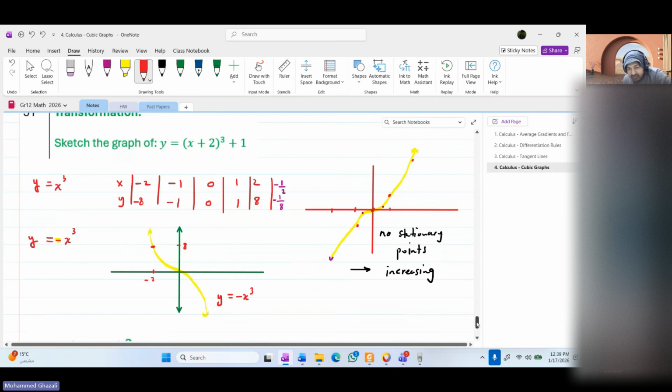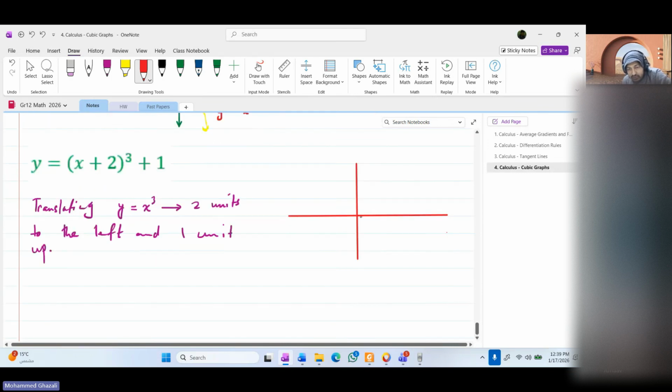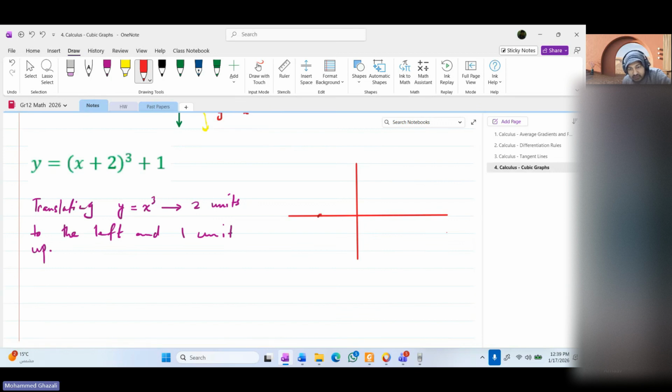So now 0, 0 will move towards -2, 1. Remember, in this case, we're also going to have a y-intercept. Don't forget about the y-intercept. My x-intercept, will I have an x-intercept here?